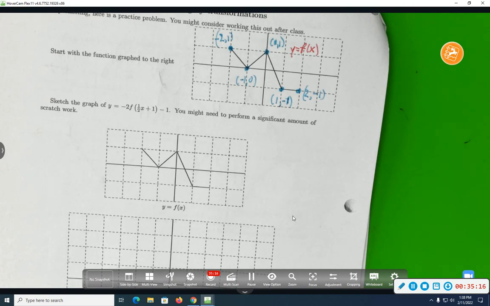Let's try to sketch the graph of -2 times f of 1/2 x plus 1 minus 1. And let's just go ahead and do it. There's an order in which we should deal with these things. What's the first ingredient I should deal with?